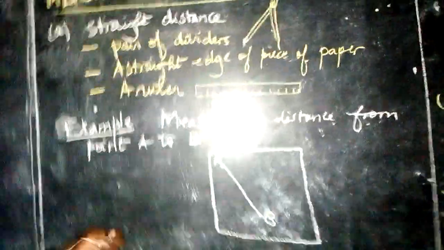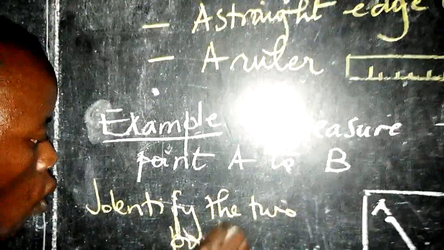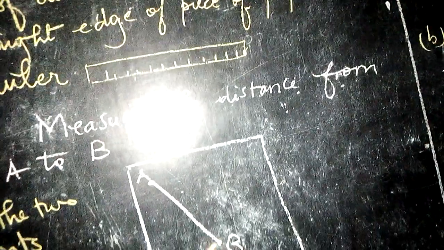If you want to determine a straight distance, first, step number one, you have to identify the two points, or the two places you want to measure distance from and to. So the distance is from point A to point B. It is this one.